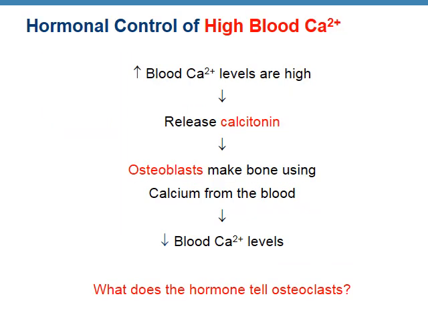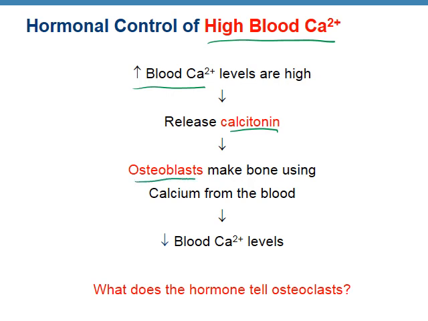So I have a flow chart here for you. You should be able to take this flow chart and turn it into sentences. So on your exam, if I asked you to explain the hormonal control of calcitonin and parathyroid hormone on the bones, you could explain this in complete sentences, not just this flow chart. If your blood calcium is high, so high levels of blood calcium, we're going to release calcitonin from the thyroid.